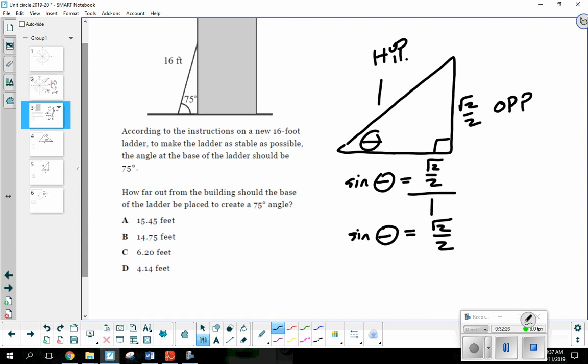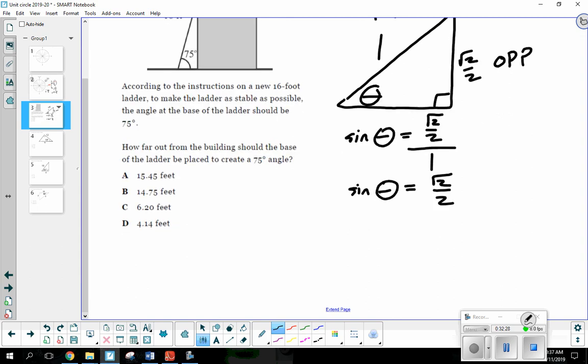Okay. Now, here's the thing. Let's just run with this right here. You evaluate a trig function at an angle measure, right? And your answer is the side ratio of the lengths of a right triangle. Well, how would I work backwards and find theta? That's when we take the inverse.